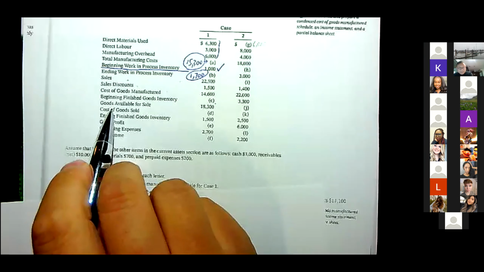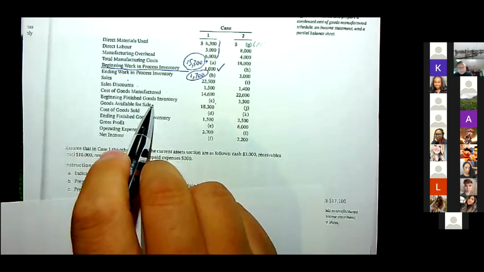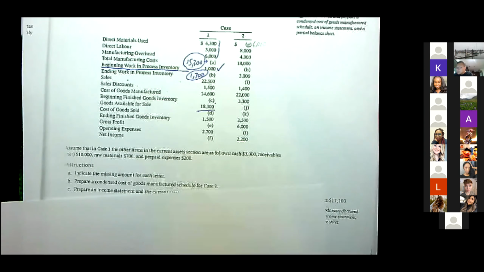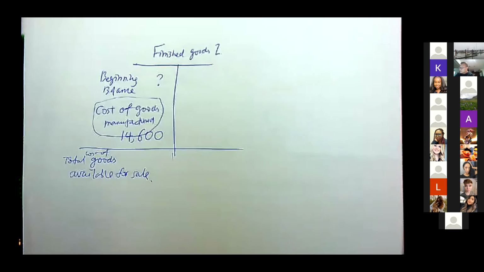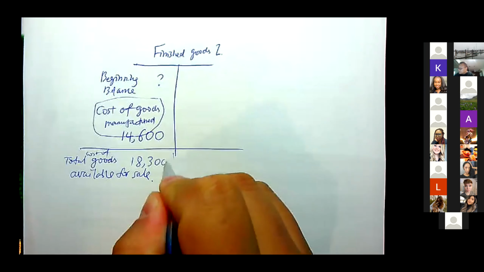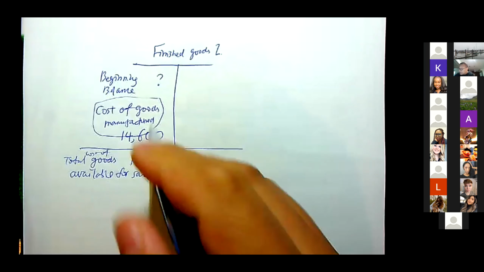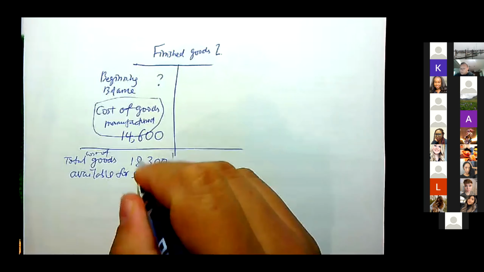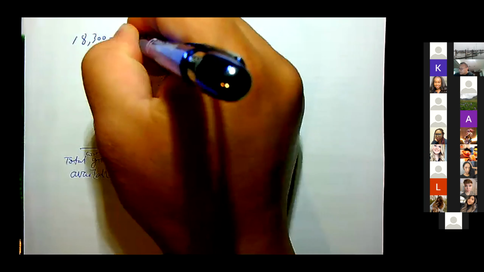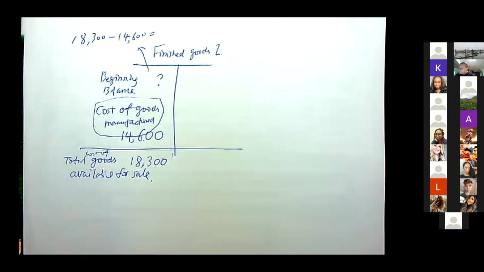Goods available for sale, that's the 18,300. So now let's work backward. This number minus this number. So what's my beginning balance? My beginning balance is 18,300 minus 14,600. So that's going to be 3,700.